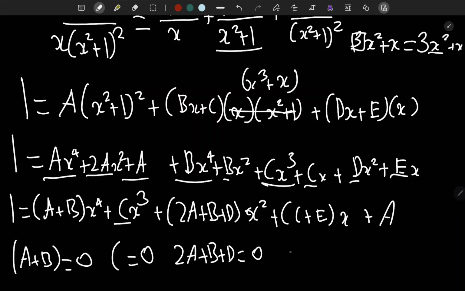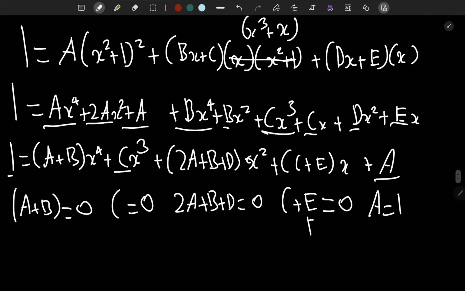For c plus e, it's again going to be 0 since we don't have an x on the left hand side. C plus e is equal to 0. And we already know that c is 0, so e is also going to be 0. And for a, we do have 1 here. So a is equal to 1. And here we can solve for e, so e is also equal to 0. So c and e are equal to 0.